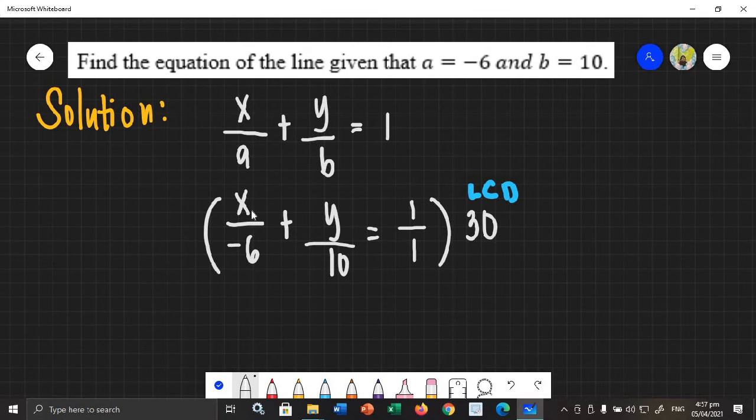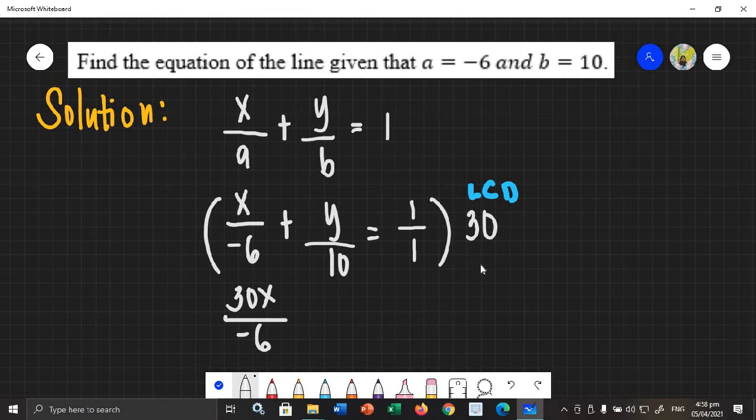Now we have x over -6 times 30. What happens there is that only the numerator gets multiplied by the LCD, so the answer will be 30x, and then copy the denominator, over -6.